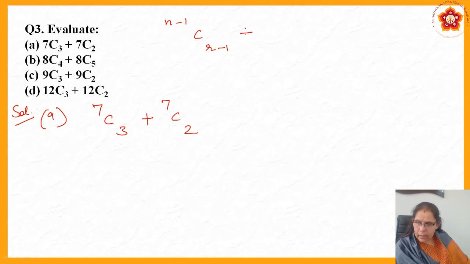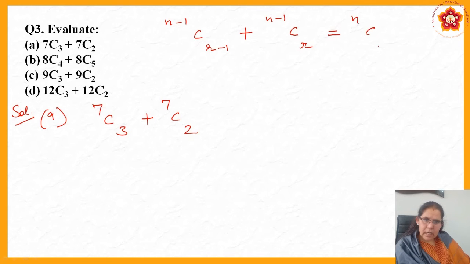N minus 1 C R minus 1 plus N minus 1 C R is equal to N C R. So we have same number here, 7 and 7. So let's directly put in the formula. If it was n minus 1, then we were getting n there. Now if it is 7, what will we get? We will get one more.